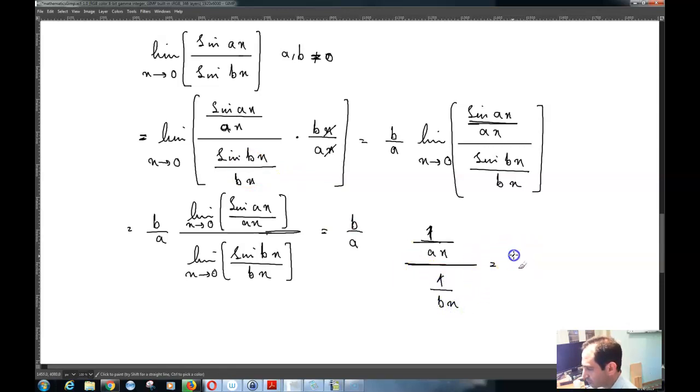This is the same thing as 1 over ax times bx, which is the same thing as bx to ax. So these two are cancelling out, and so what that means is that I have a b to a in this part of the fraction.